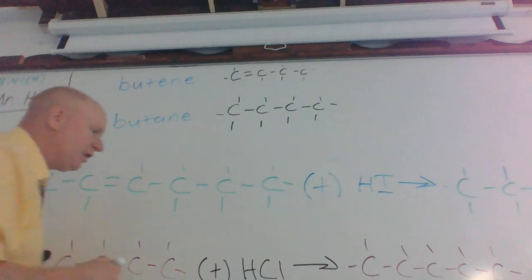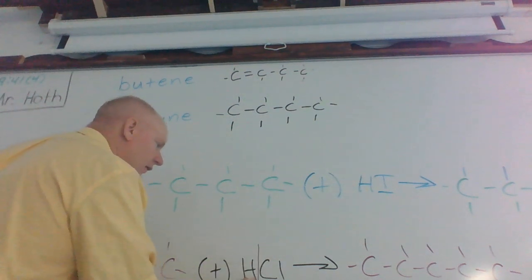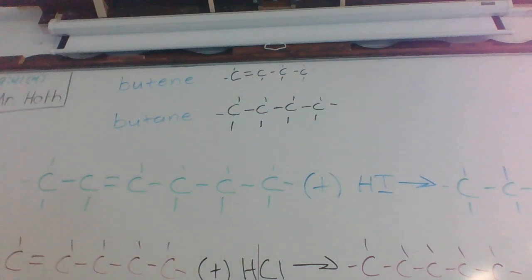So this breaks off here. According to having asymmetrical and asymmetrical together, that hydrogen bonds to the carbon that has the most hydrogens. The author likes to say, well, the rich get richer. What that means is hydrogen-wise.